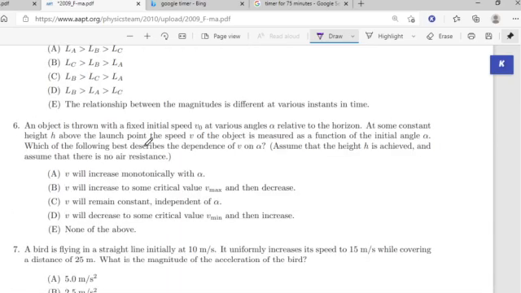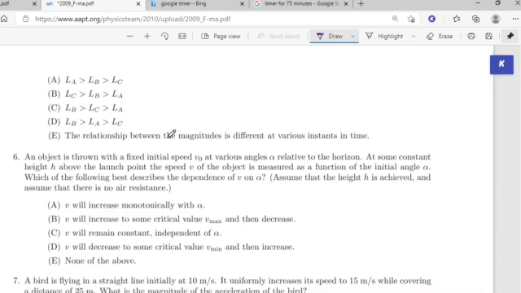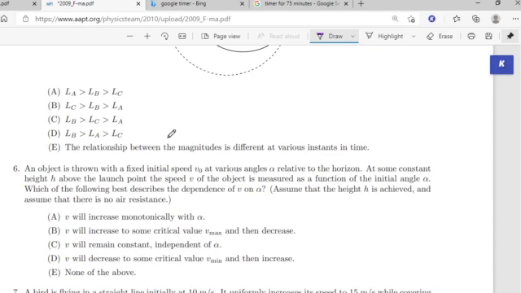I hate gravitation. Okay, an object is thrown with a fixed initial speed v naught at various angles alpha relative to the horizon. At some constant height h above the launch point, the speed of the object is measured as a function of the initial angle. Which of the following best describes the dependence of v on alpha?